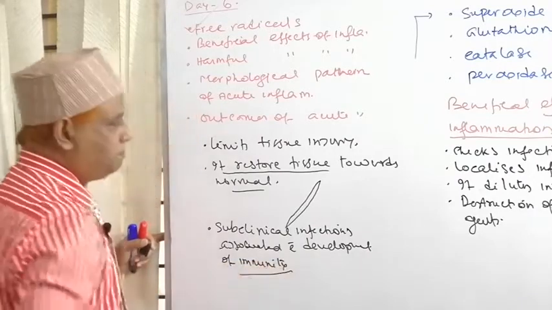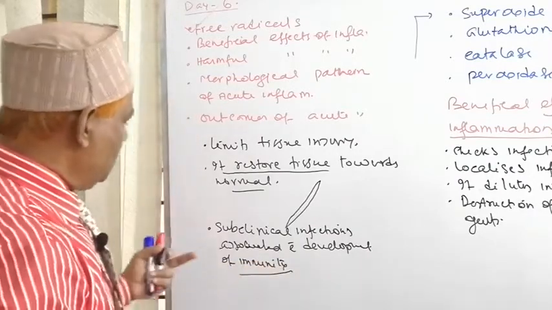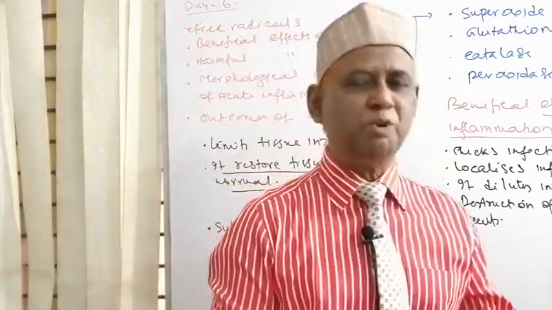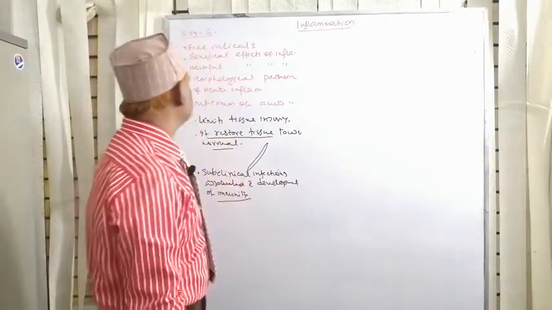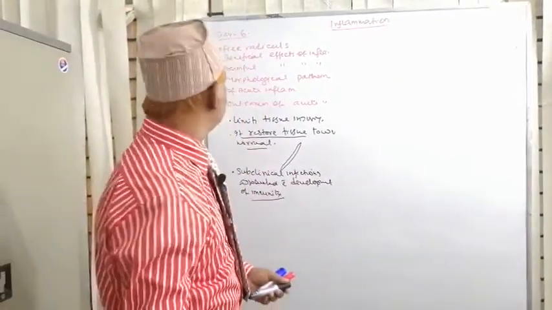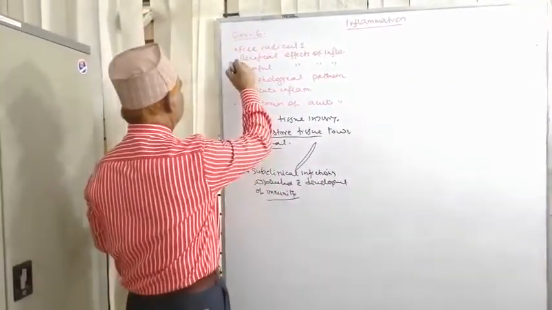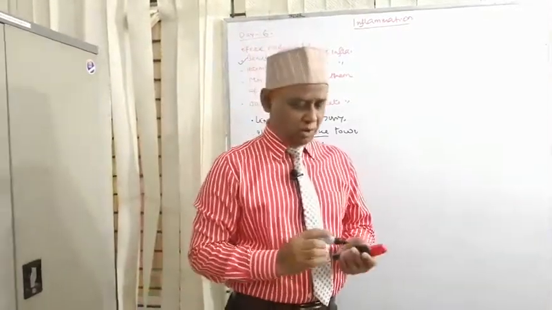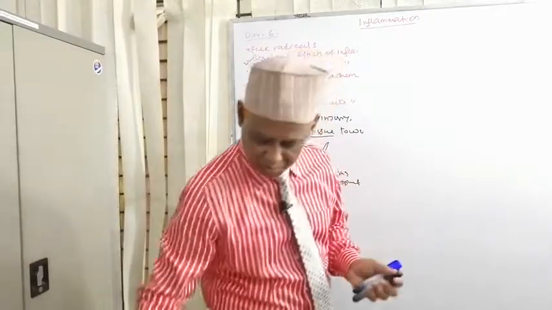Immune response usually is protective for us. So these are the beneficial effects of inflammation. Dear audience, there are some harmful effects also. Now come to harmful effects of inflammation.